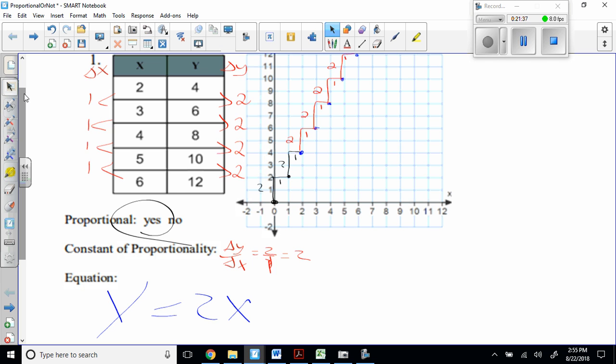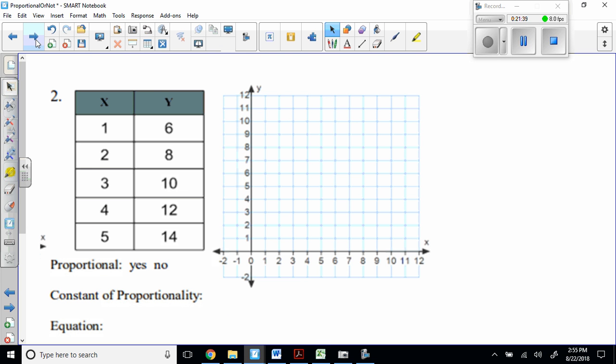Now, here's what I want you to do, nerds. Do number 2. Go. Right here. Number 1 problem. I guarantee if you look on your partner's paper, they do not have this right here. They got the little stuff, but they do not have the change in x and the change in y.